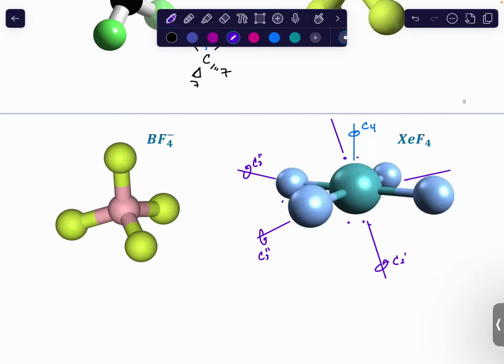So you have your principal axis of C4, then four C2 axes: two primes and two double primes. Okay, so that's a nice little intro into rotational axes.